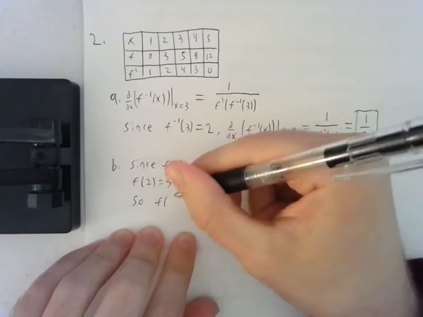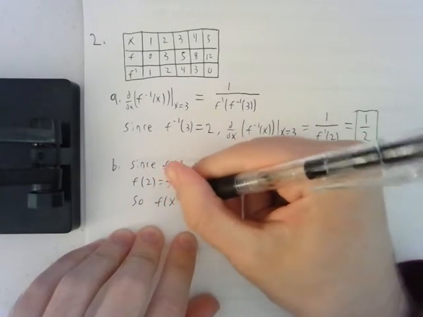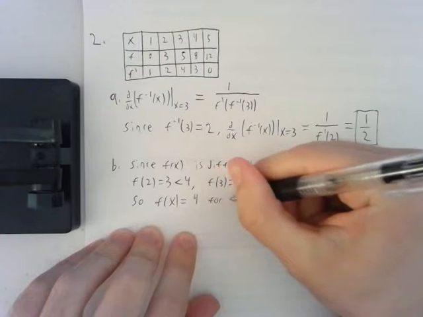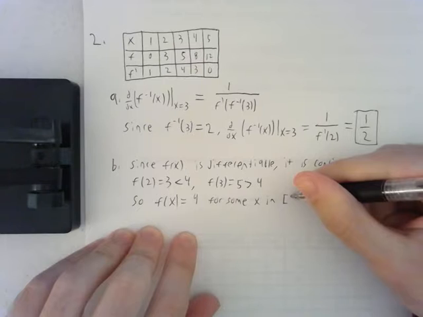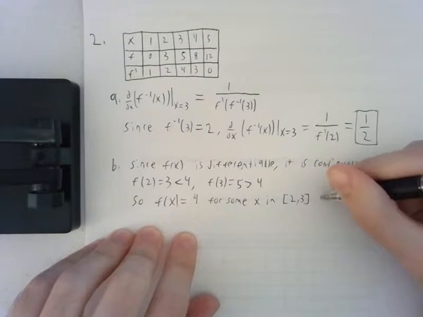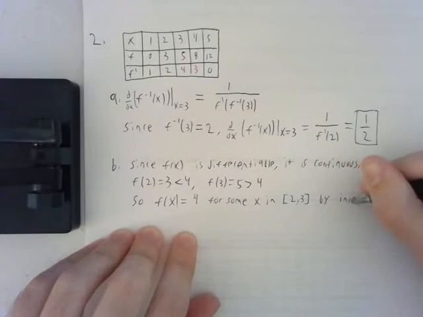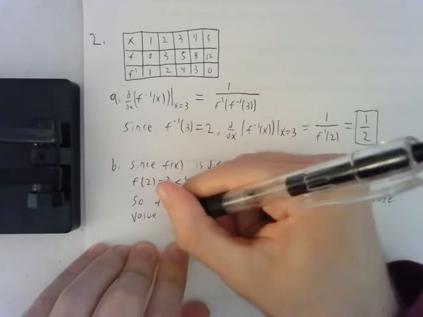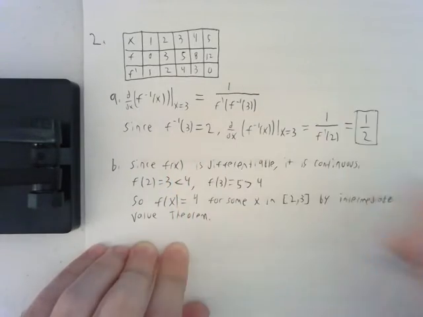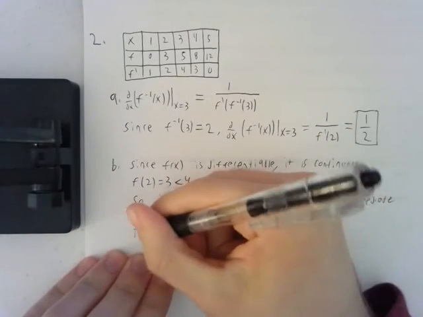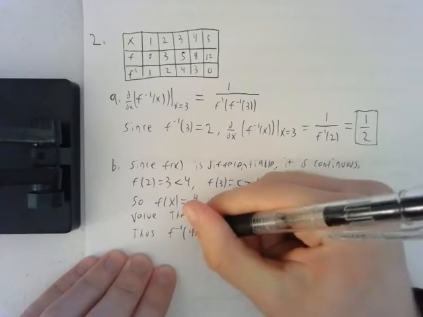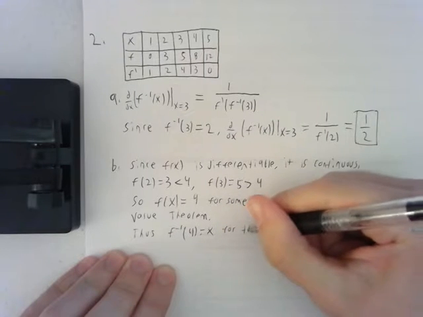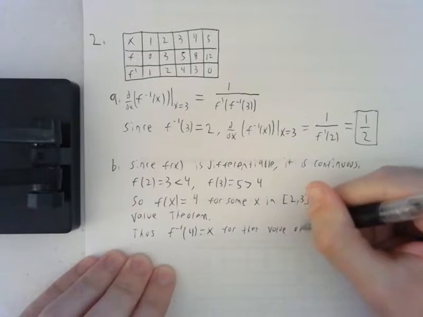So f of x is equal to 4 for some x in the interval from 2 to 3 by the intermediate value theorem. And therefore, f inverse of 4 is equal to x for that value of x.